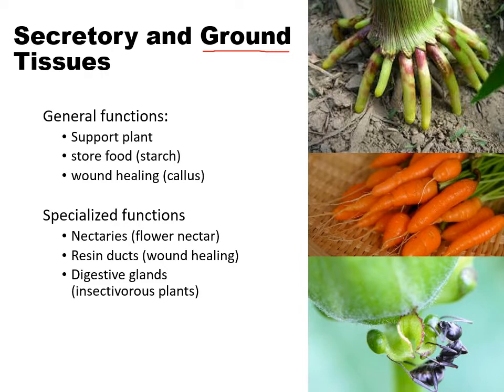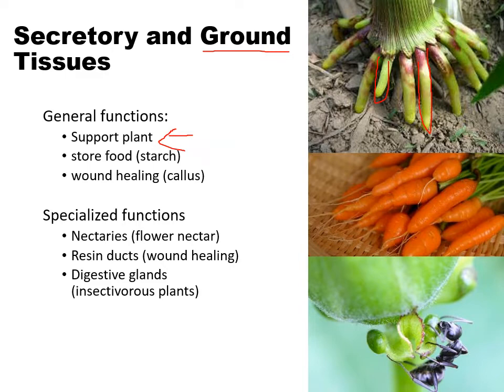So in plants, there are some unique cell functions that are out there. So I've got just a couple of pictures here. There's obviously lots of different accessory tissues and things like that. But we have tissues that will help support the plant, right? So here we have adventitious roots on a corn stalk that help stabilize the corn so that when it's blowing in the wind, it's less likely to blow over.